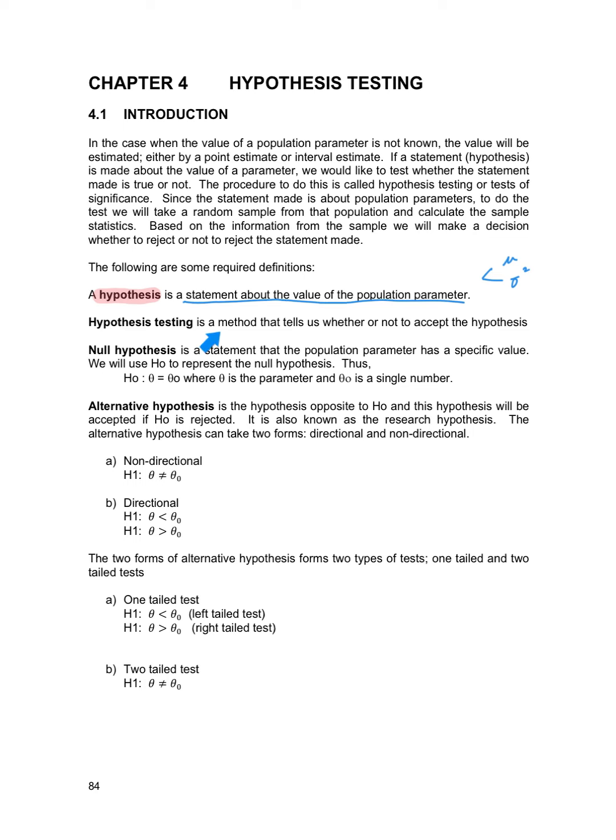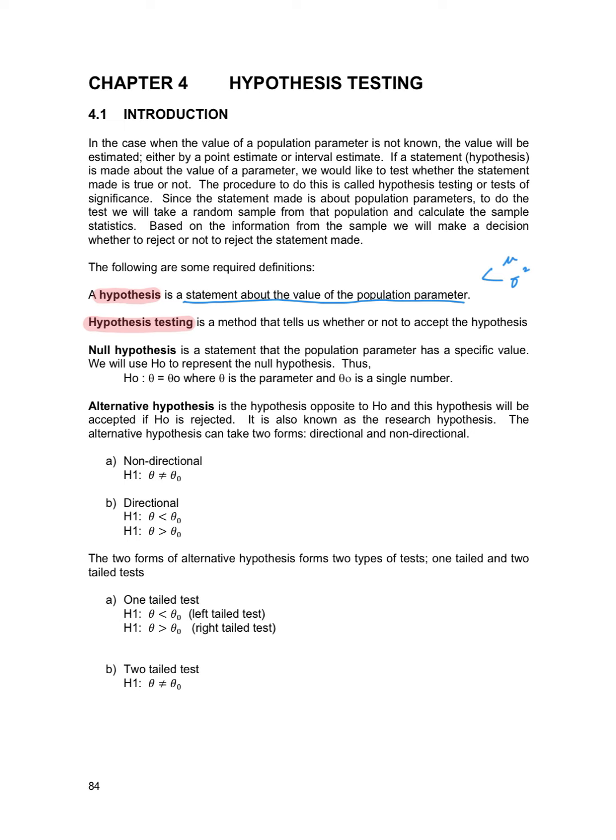Hypothesis testing is a method that tells us whether or not to accept the hypothesis. Hypothesis tadi statement yang kita nak buat tu. So hypothesis testing is a method, dia adalah satu method.